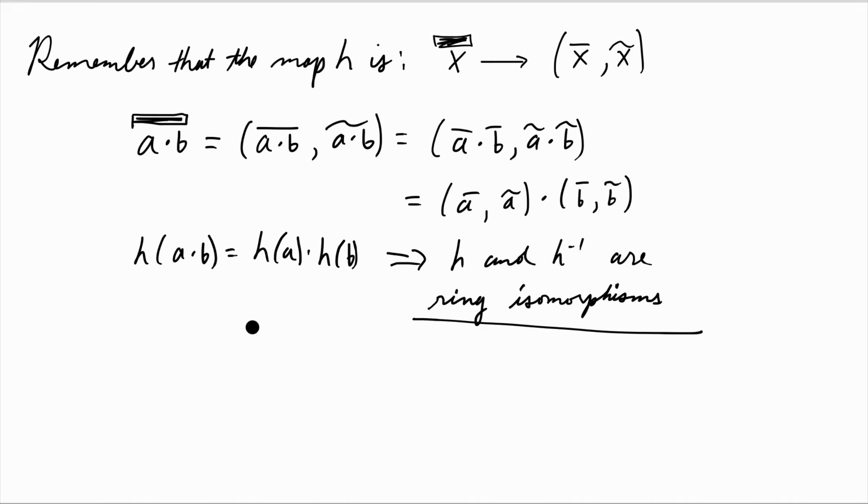But not only is this an isomorphism for Z modules, it's also a ring isomorphism, meaning it preserves the multiplication structure as well.